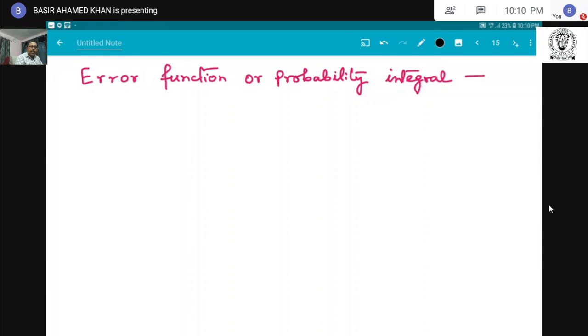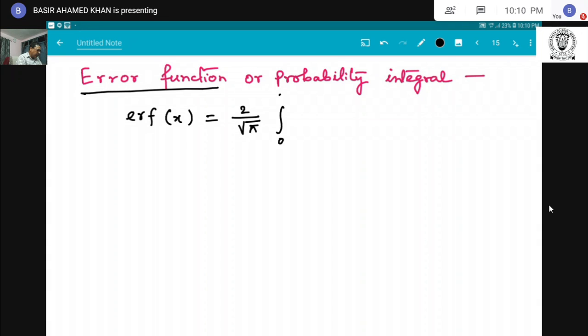The error function is defined as ERF of x equal to 2 by root of pi times the integral from 0 to x of e to the power minus t square dt.